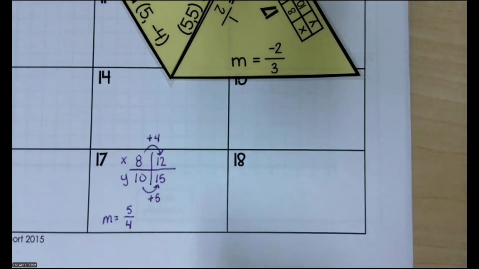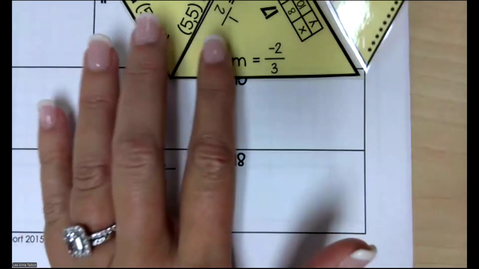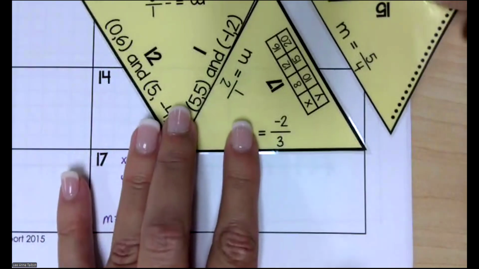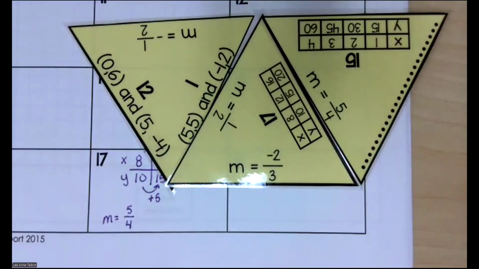And then find the piece of the puzzle that has m equals 5 over 4. Okay, and then put the 5 over 4 so that it lines up with number 17. And then can you tell what problem you're going to do next? Number 15. Okay, and when you do the whole thing, it's going to make a shape. So the dotted thing, I think, is an edge of the shape, but I think it's all going to fit together and make like a puzzle.